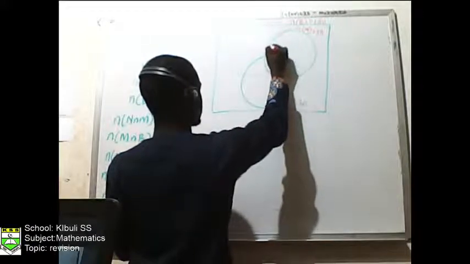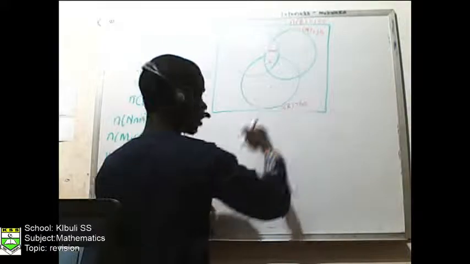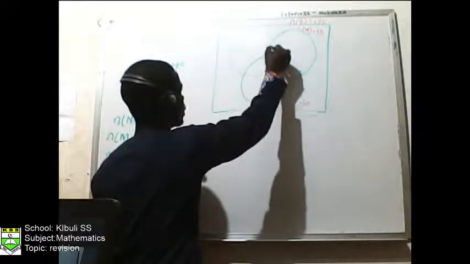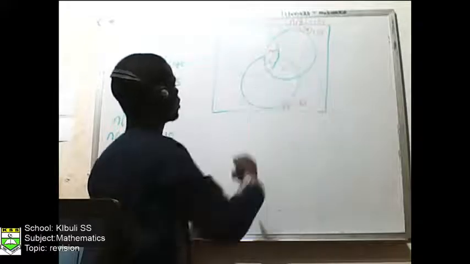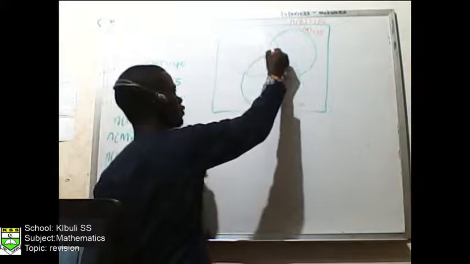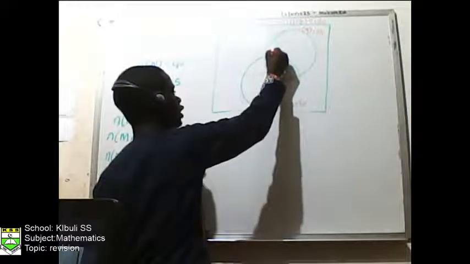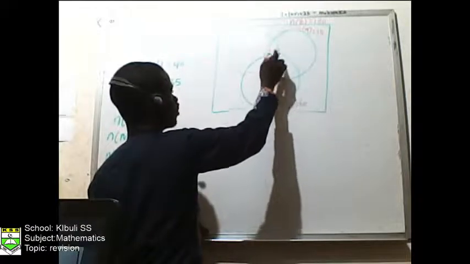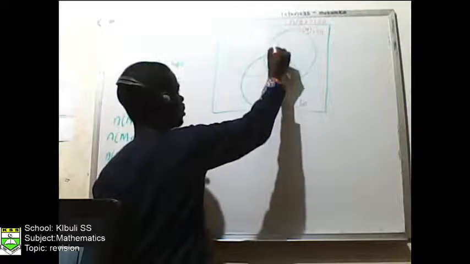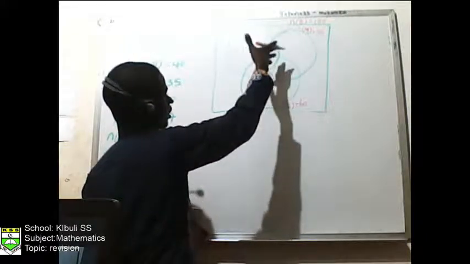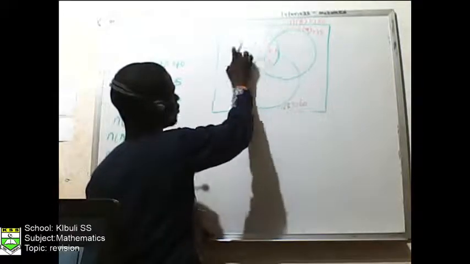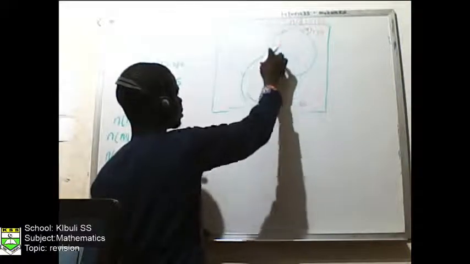You can ask yourself, why am I subtracting X? I'm subtracting X because they have not told me that 7 read New Vision and Monitor only. But if they tell you that 7 read New Vision and Monitor only, then you write the 7 there. But if they just tell you that they read New Vision and Monitor, it means that these ones that read some bit of Book are included in those ones. There are some members here that read Book and they read the Book, New Vision and Monitor. They are included in this set.